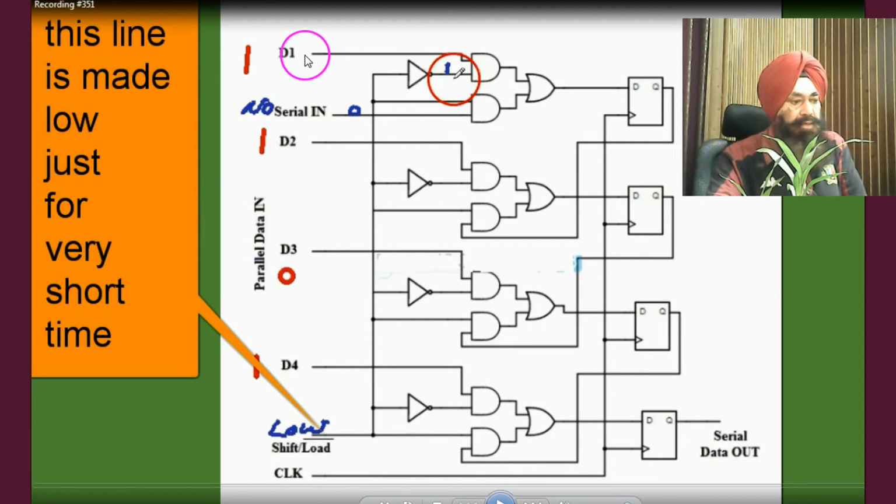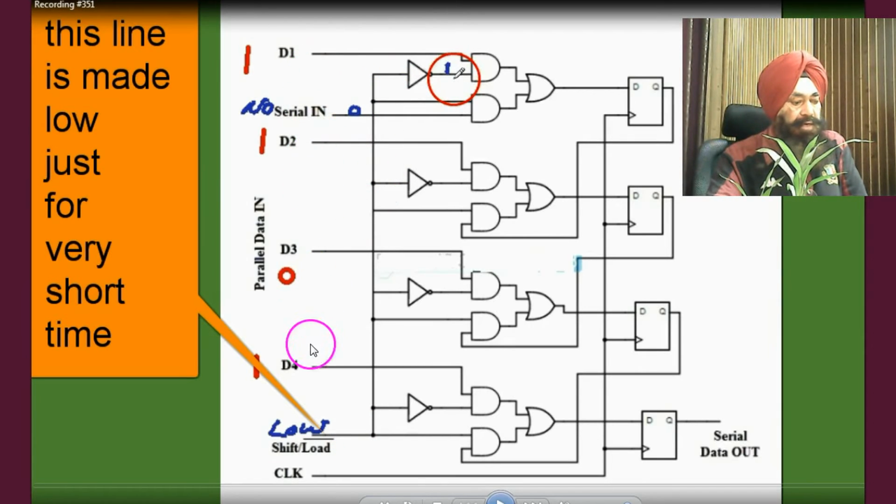Data can be entered at this point, this point, this point, and this point simultaneously. D1, D2, D3, D4 data can be entered simultaneously only when this line is at low.